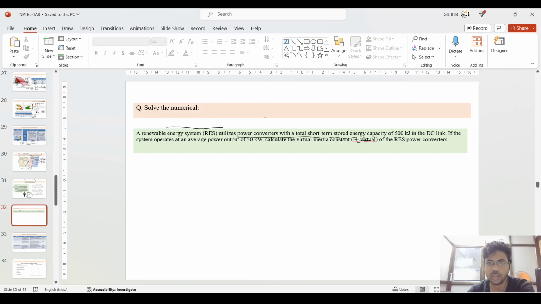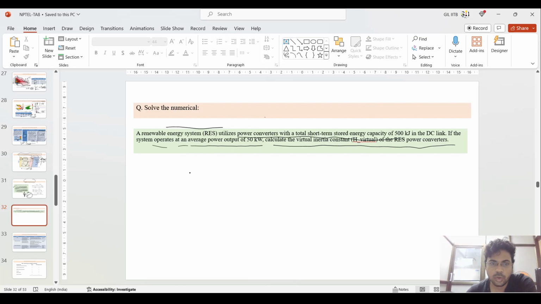You have a renewable energy source which utilizes a power converter with a total short-term stored energy capacity of 500 kilojoule in the DC link. If the system operates at an average power output of 50 kilowatt, calculate the virtual inertia constant of this RES power converter. You just have to tell me how you should utilize this energy in what time frame.